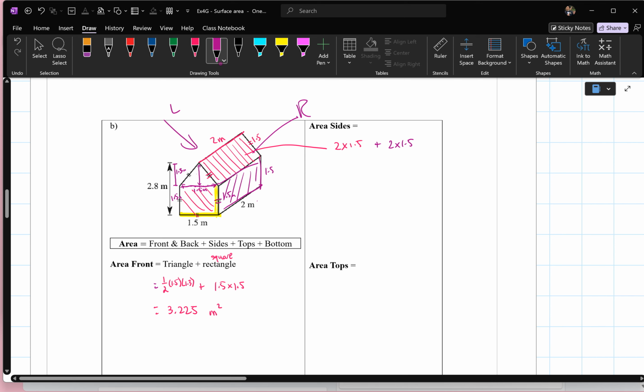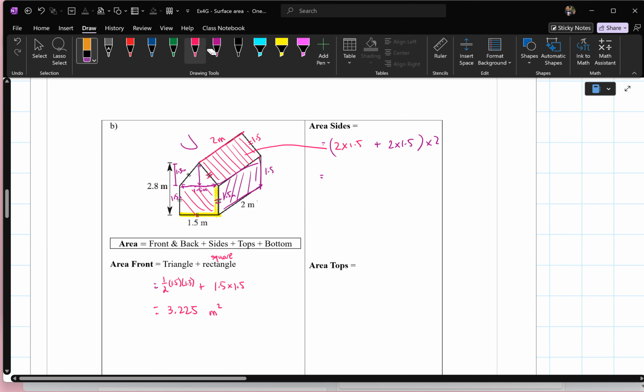It's the left-hand, so you need to double what those answers are. Have I confused you there? Or you could have done it more separately, but I'm just doing it in a quicker way for you to see. I did the area of the rectangle on the top. I did the area of the rectangle on the bottom. But then since I know the right side and the left side are symmetrical, there must be 2 of them, so I doubled it. Okay?